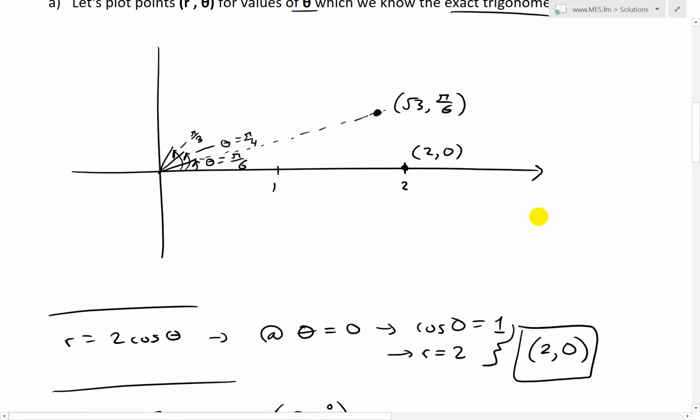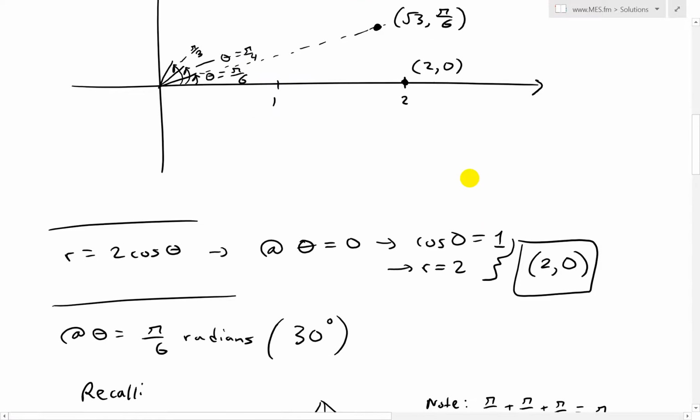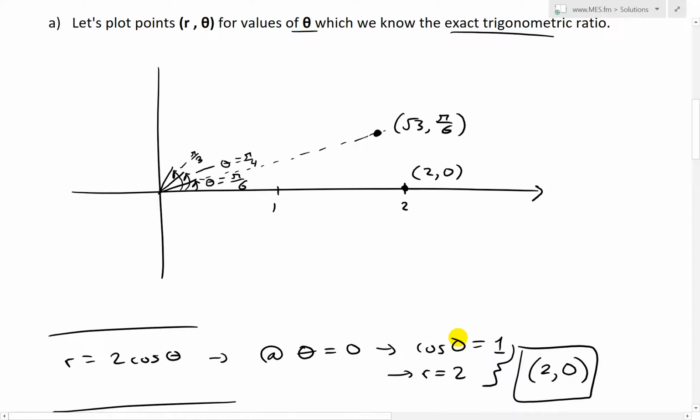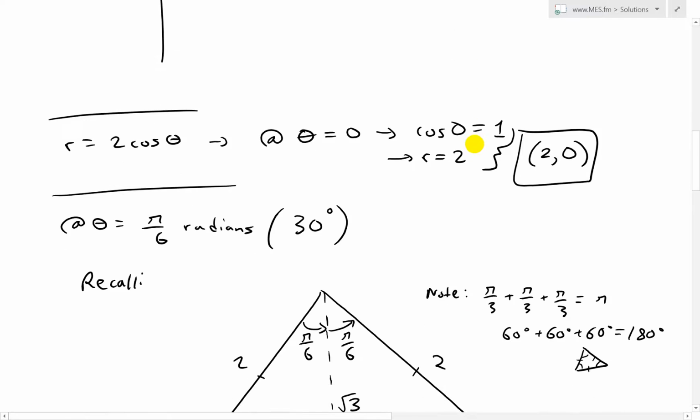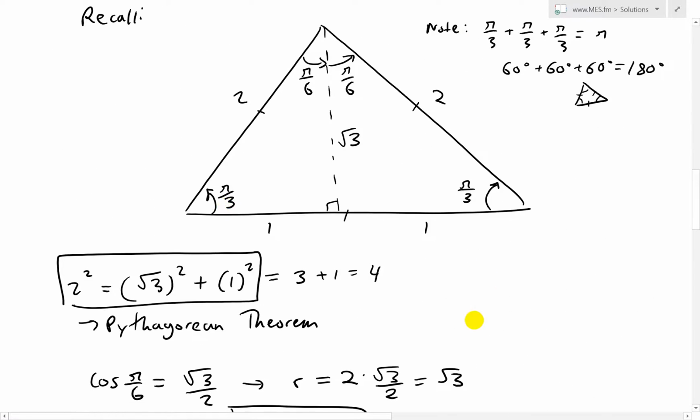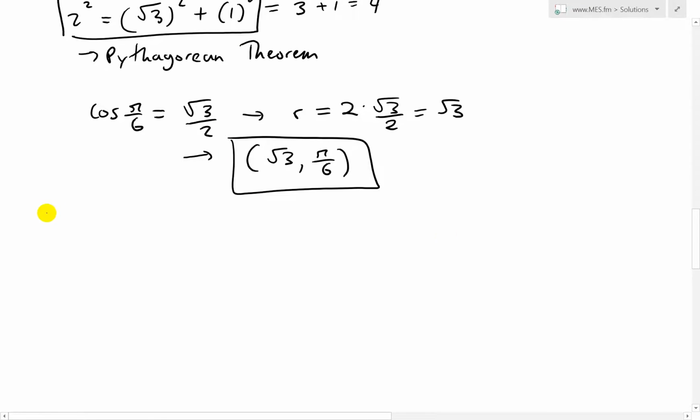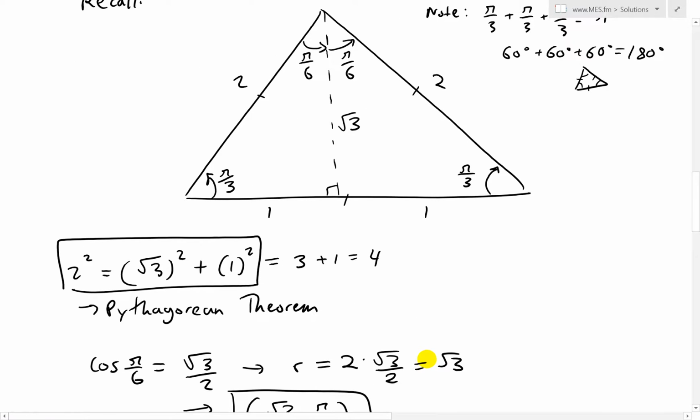So now the next point we could draw is pi over 4. But before we get to pi over 4, I'm going to do pi over 3 right away. It's easy to solve because it's just over here. So I'll do that here. At theta equal to pi over 3, we get from above here, adjacent over hypotenuse, 1 over 2.